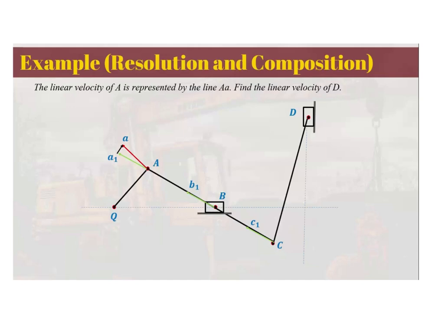We are going to create a vector that is perpendicular to the head of B1. Since we know the direction of B, all we have to do is connect from the point of origination to the intersection at that length. As you can see, we are able to obtain the absolute velocity of B, and that is BB.